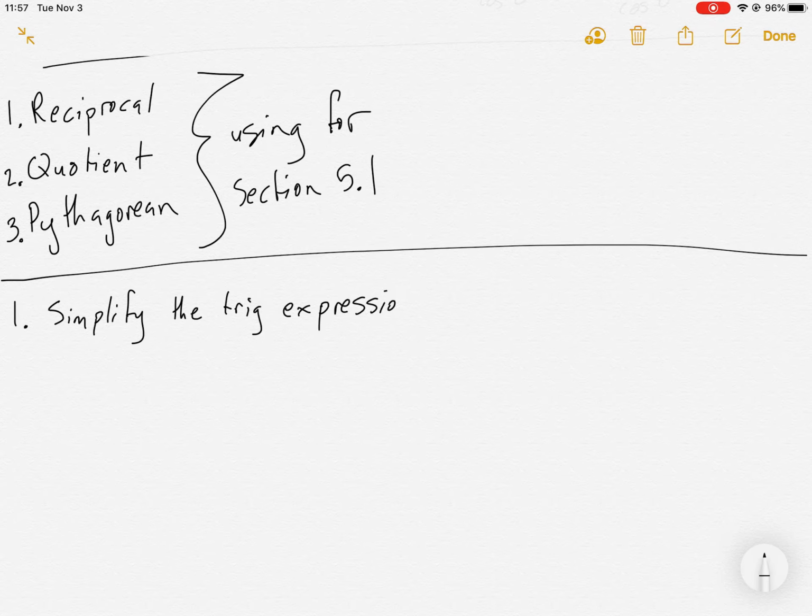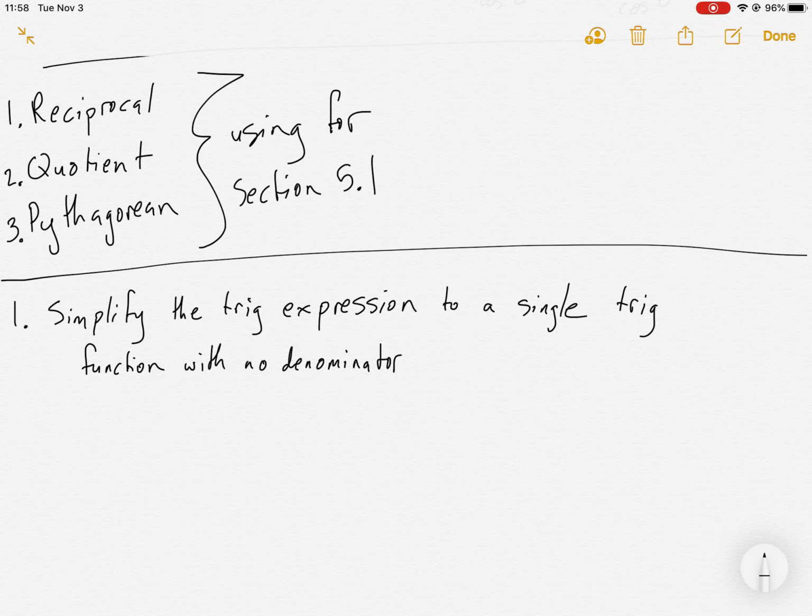So you'll have something involving trigonometric functions to a single trig function with no denominator. I should say denominator equal to 1, but no denominator is essentially the same thing. This is a really common instruction, and so you'll see this in Delta Math quite a bit.